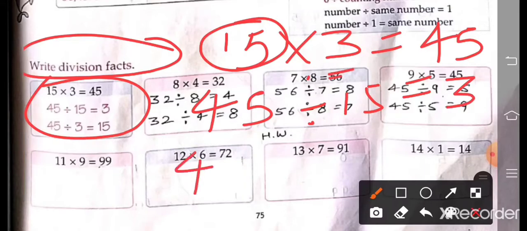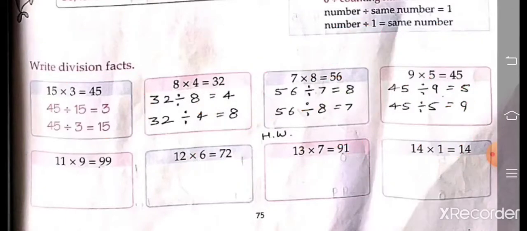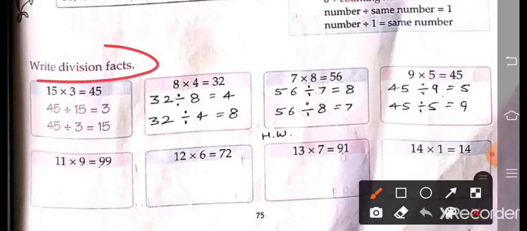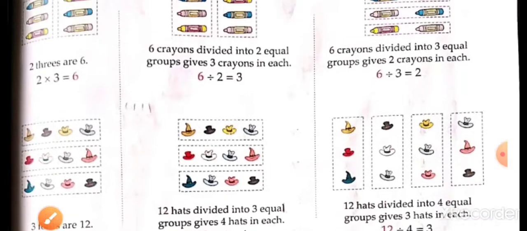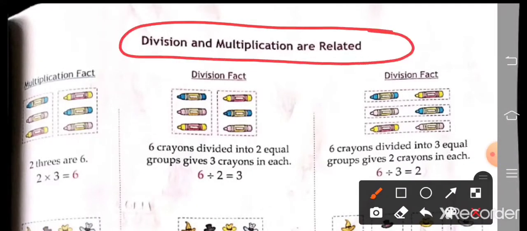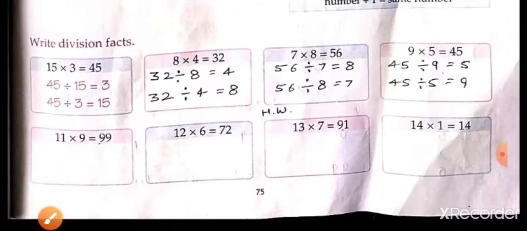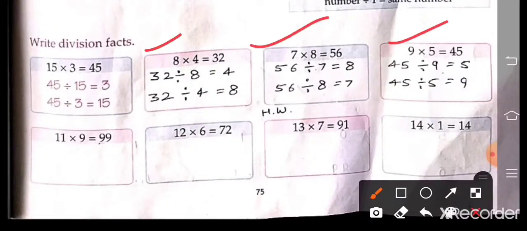Then 45 divide by the second number, you will get the first number 15. Okay, so this is the division facts. Division and multiplication are related. Okay, so like this I have done these parts for you and this is your homework.